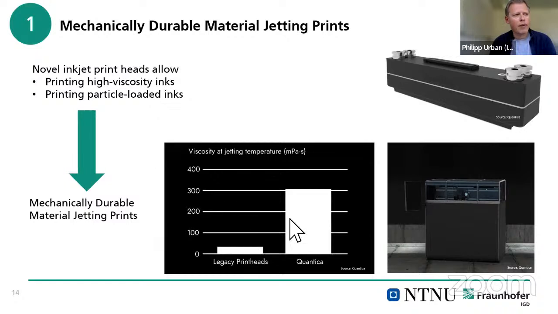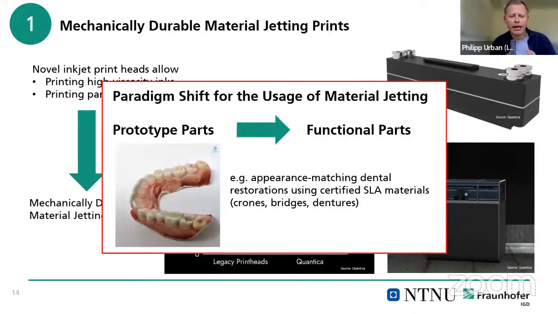It's an order of magnitude higher viscosity that you can jet with these printheads. And this allows you to print mechanically durable material jetting prints. Basically there's a paradigm shift in the usage of material jetting, from pure prototyping with only a very few functional applications, to really functional parts.